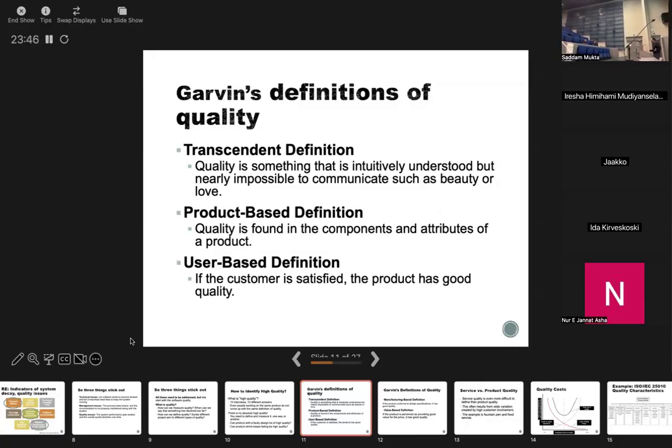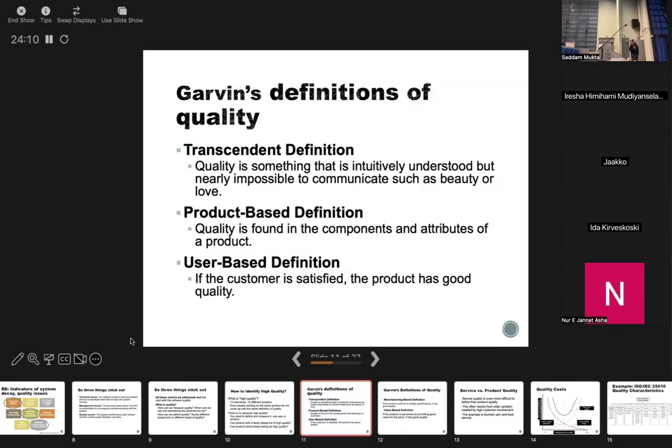It can be interoperable across devices. There could be many features. So in the product-based definition, we are judging the quality of a product by whether it has sufficient or adequate features or not.